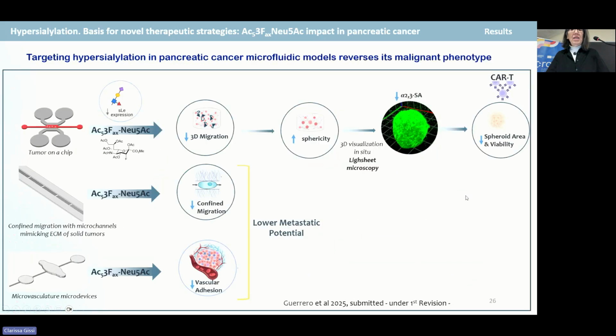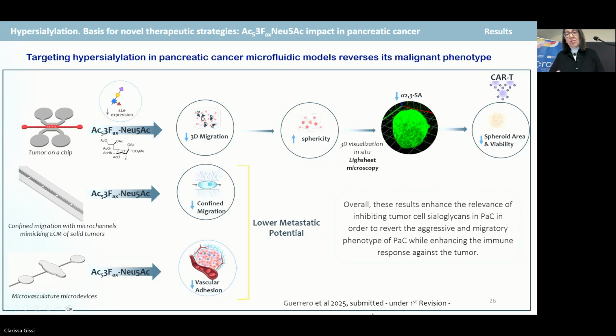So all together, these results enhance the relevance of inhibiting tumor cell sialoglycans in pancreatic cancer to revert, on one side, the aggressive and migratory phenotype. Also, we think to enhance the immune response against the tumor.